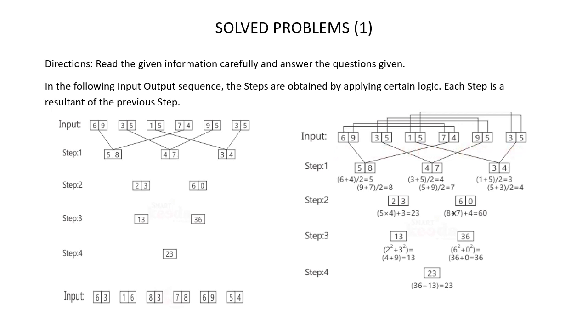Now that you have found the pattern followed here to get the final output for this particular input, use the same pattern on this given input and find the appropriate steps and the final output, and then answer the given questions.